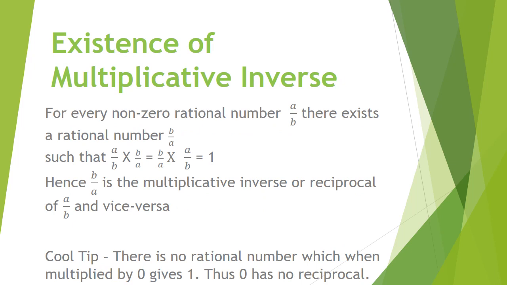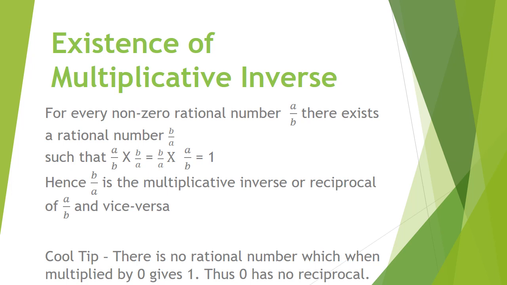Now the next property is existence of multiplicative inverse. For every non-zero rational number a upon b, there exists a rational number b upon a such that a upon b multiplied by b upon a equals b upon a multiplied by a upon b equals 1.